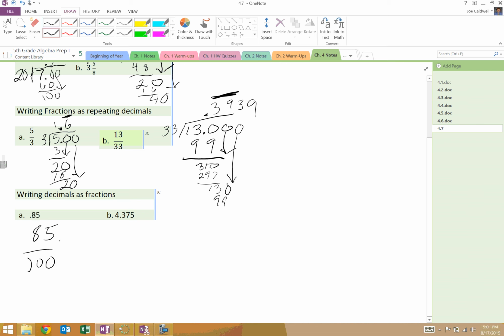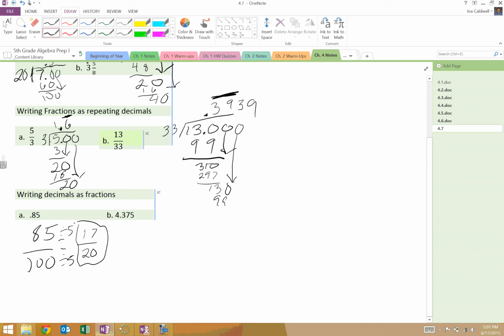Of course, you can't leave it like that, so we should reduce it. I'm going to divide both by 5 here quickly. Not sure if that's the greatest common factor or not. We'll see. 85 divided by 5 is 17, and 100 divided by 5 is 20. That cannot be reduced anymore, so there is our final answer.